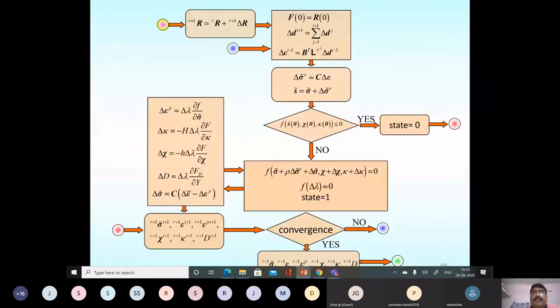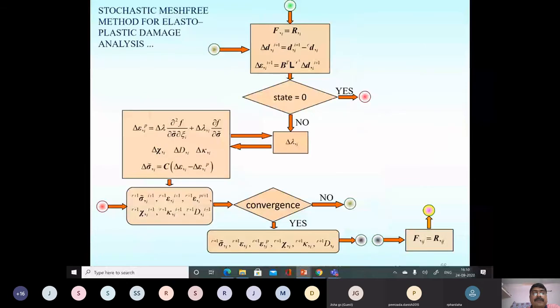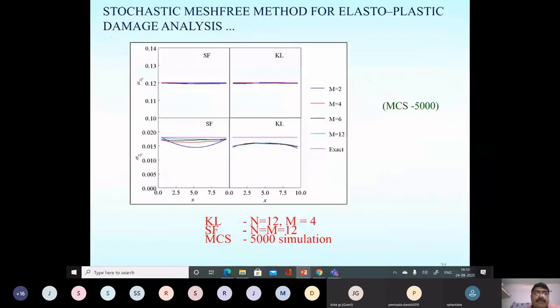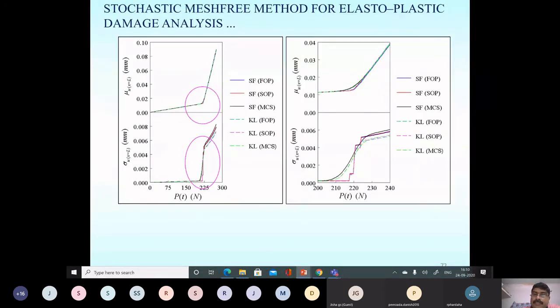So see some of the examples solved. You can see that different techniques have been used, and all the techniques are matching well. But you can see the smooth curve that is obtained by MCS, whereas the perturbation techniques fail to capture the smoothness.